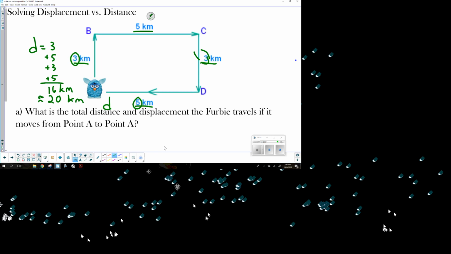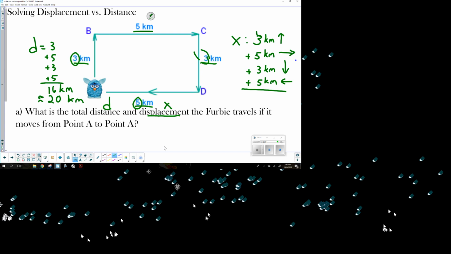Now let's do displacement. When I do displacement, I use the variable x. And to find x, it's going to be 3 kilometers going up plus 5 kilometers going to the east or to the right plus 3 kilometers going down plus 5 kilometers going to the left or west.